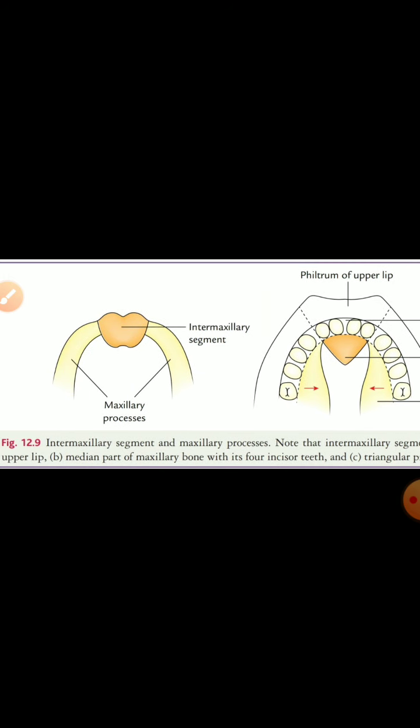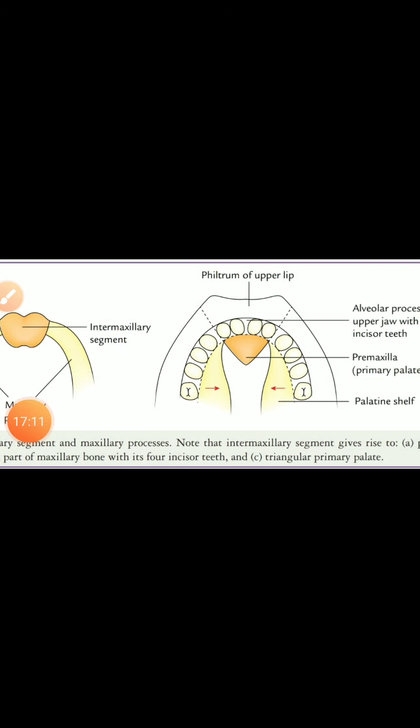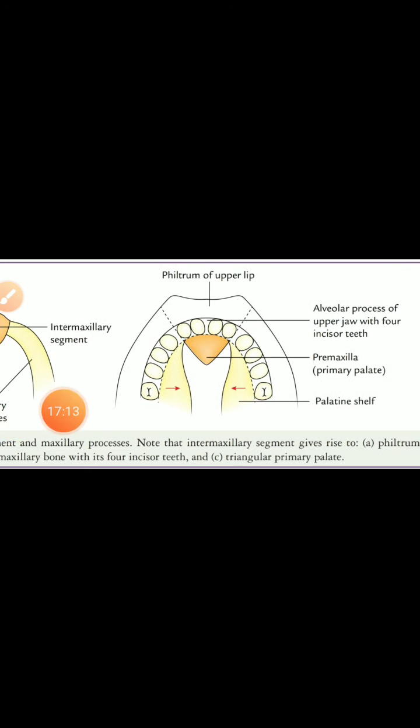Now we'll see the intermaxillary segment and maxillary process. The one which is orange in color is the intermaxillary segment, and the part which is yellow in color is the maxillary process. The intermaxillary segment gives rise to the premaxilla or primitive palate, and from this you can see the palatal shelf which goes and fuses on the right and left side.